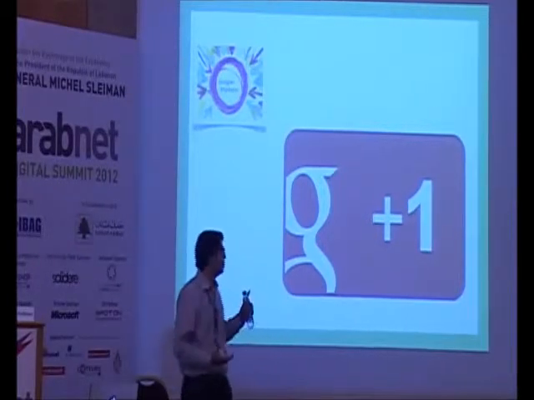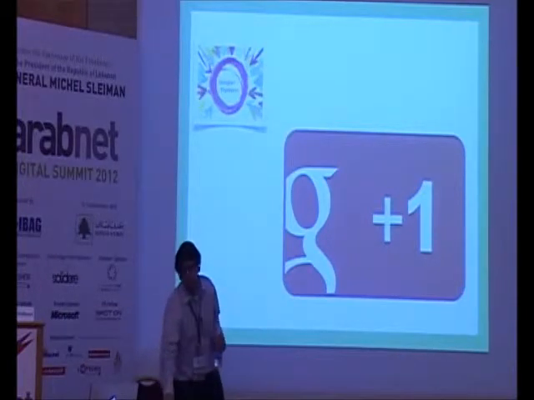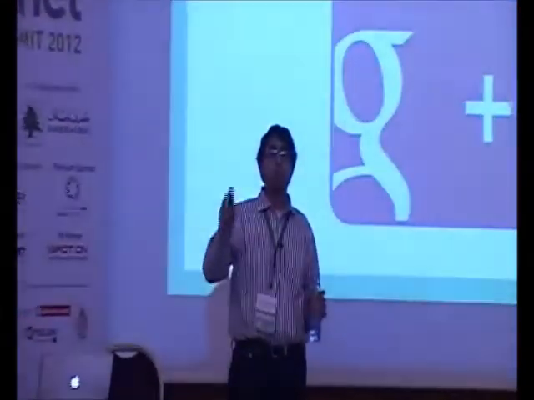And that's what the Plus One button allows you to do. It allows you to access those social annotations for those web pages. And it's available on websites, for example a review site, or within Google search, excuse me.